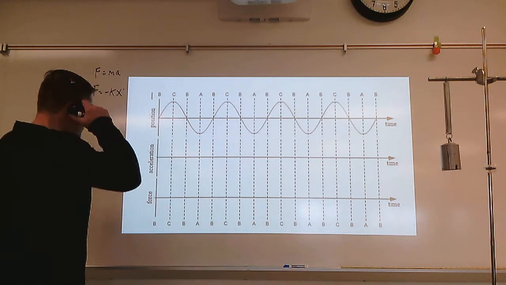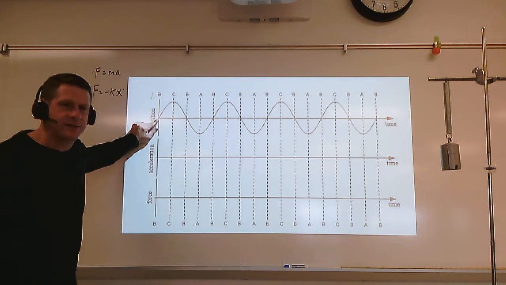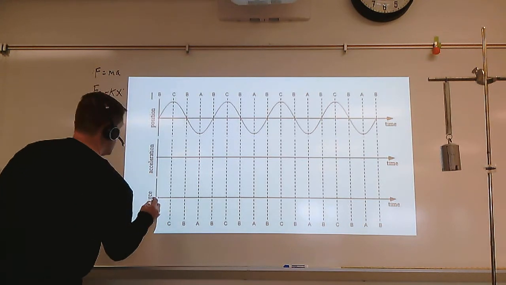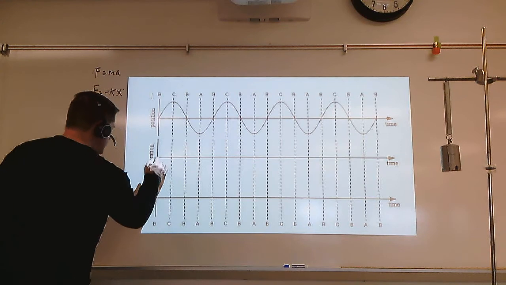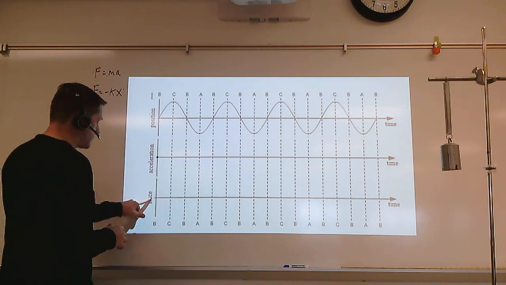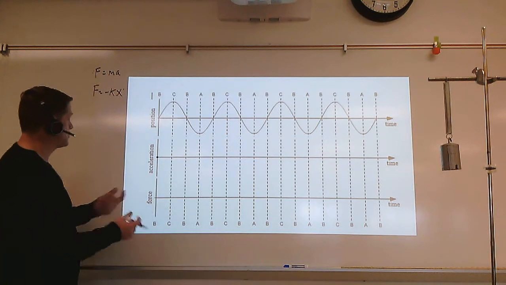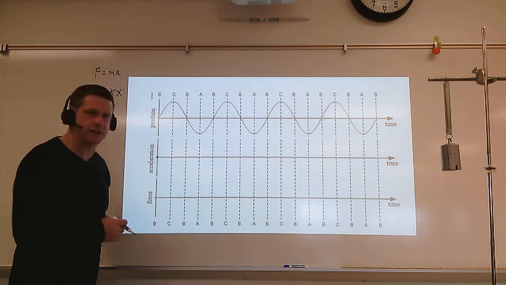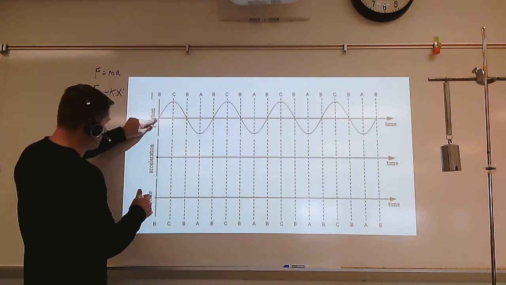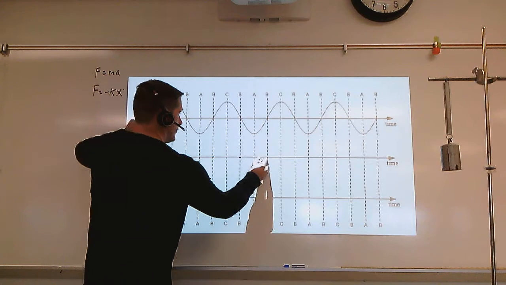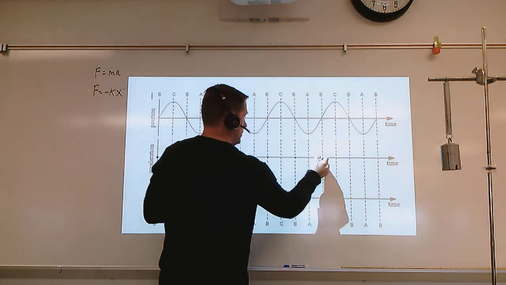So if this is a positive sine graph, then this thing becomes a negative sine graph. So my acceleration here and my force graph will match up, right? So again, we've already done this acceleration graph. Anytime position is equal to 0, my acceleration is equal to 0.